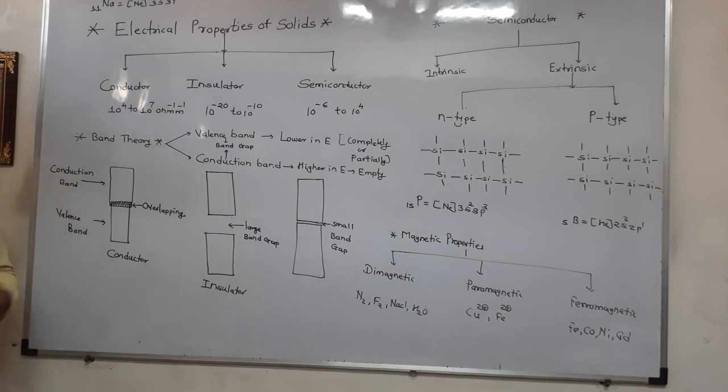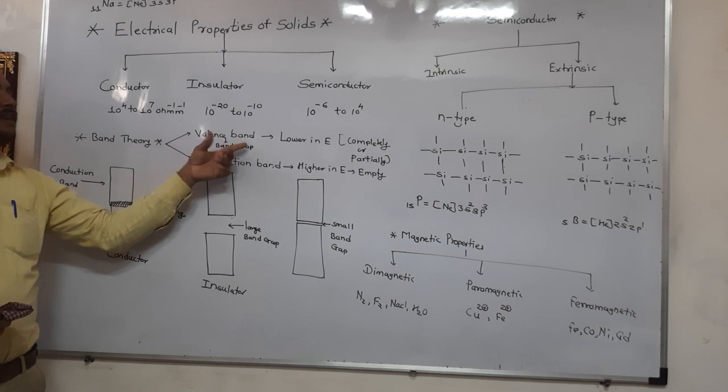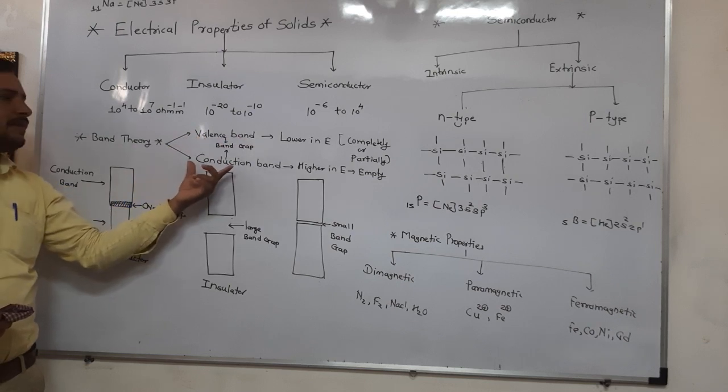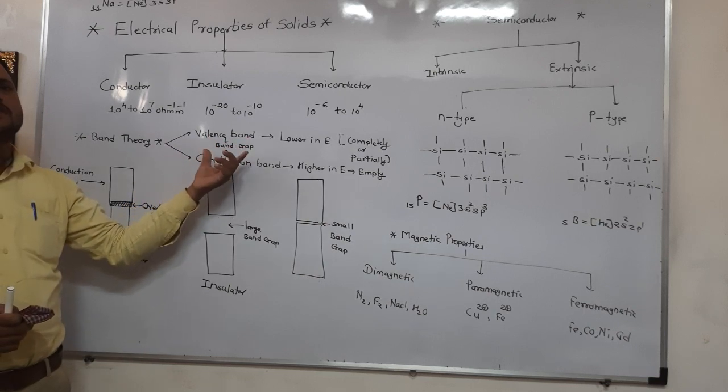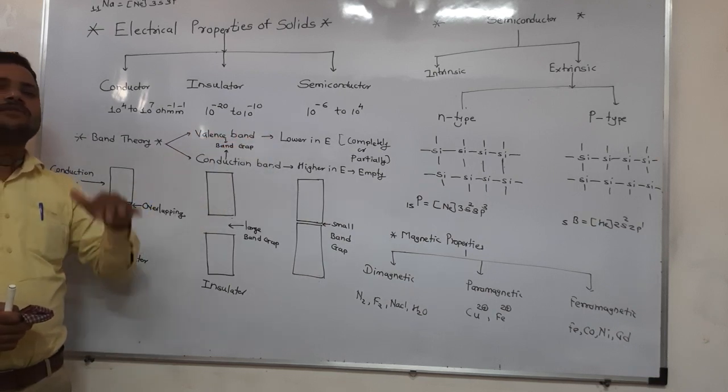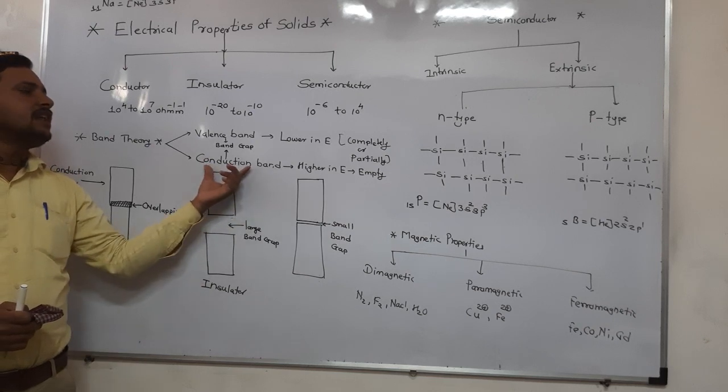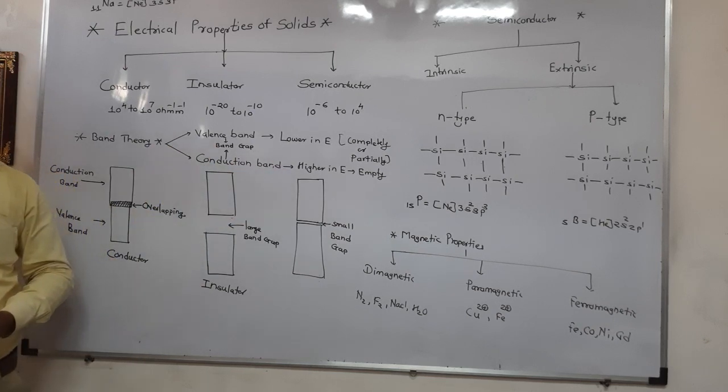So according to band theory, two bands are present: the filled band, which is the valence band, and the empty band, which is the conduction band. The valence band has very low energy, whereas the conduction band is higher in energy.